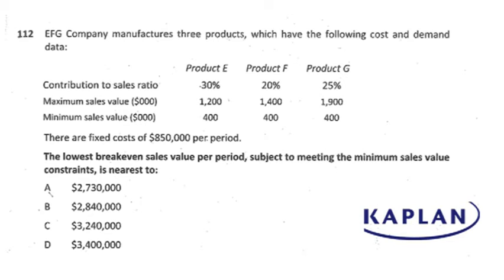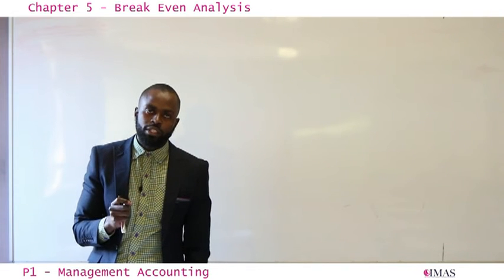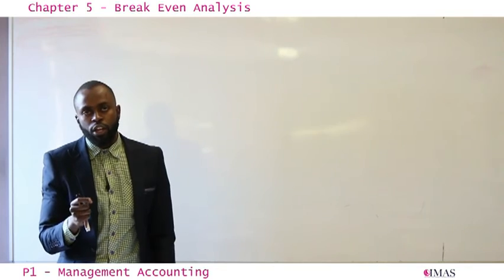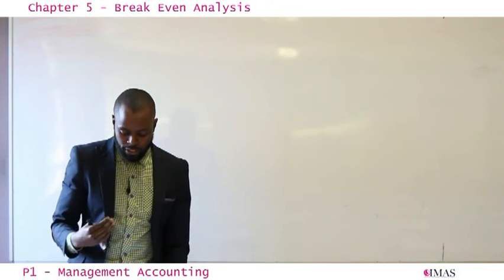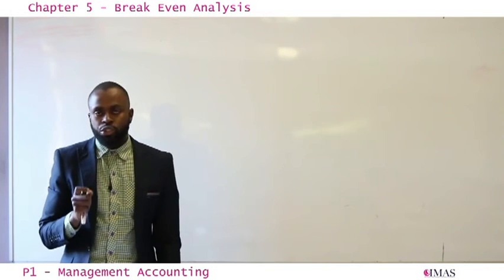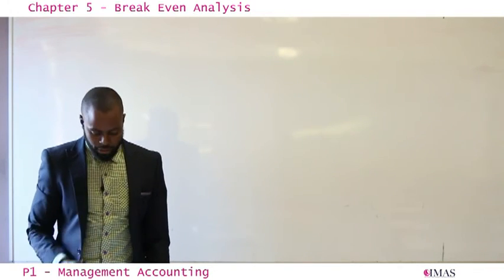In question 117, we're calculating the multi-product break-even point, which is a break-even point if we sell the units at the predetermined mix. So we're making an assumption that we're going to sell the units at the predetermined mix.